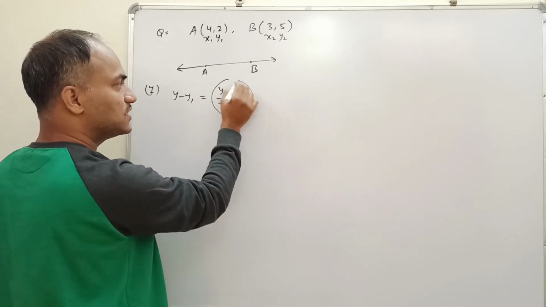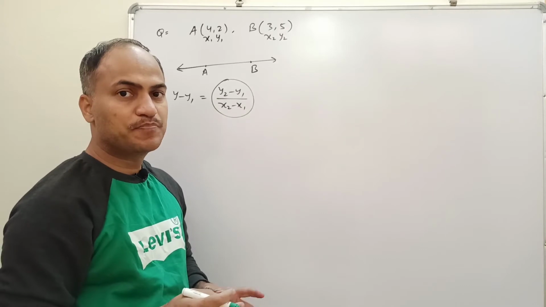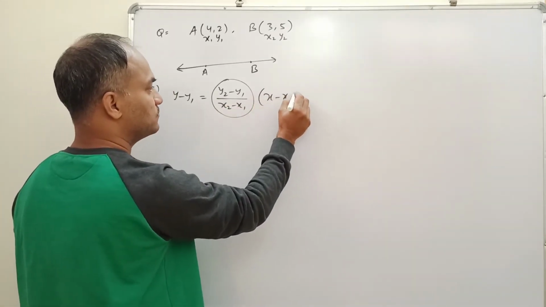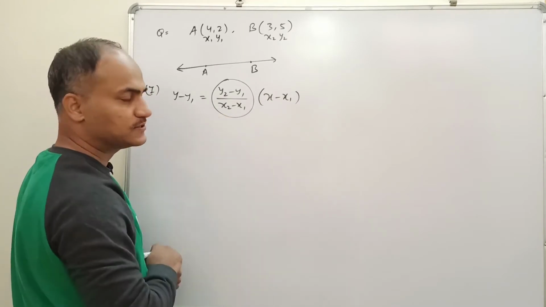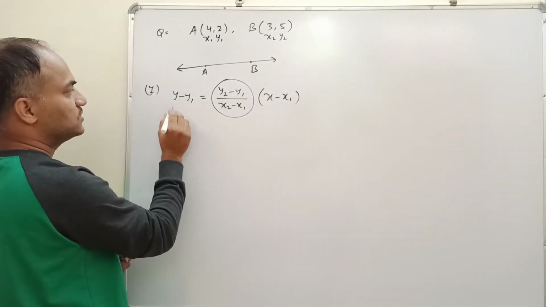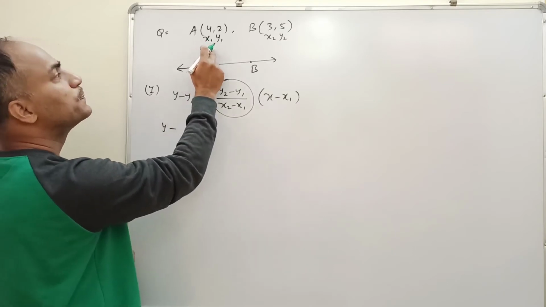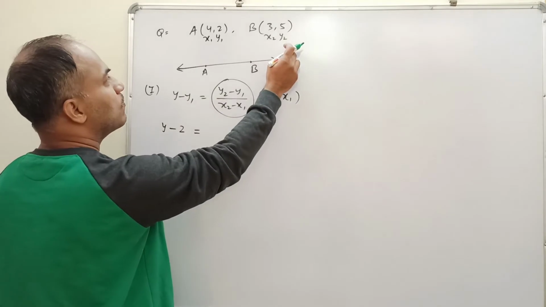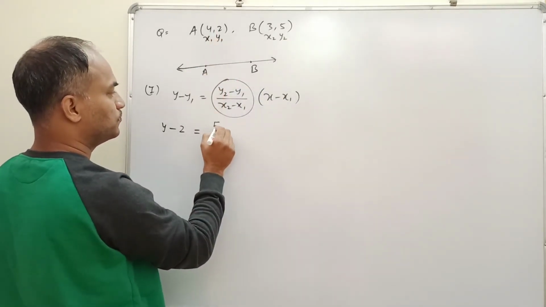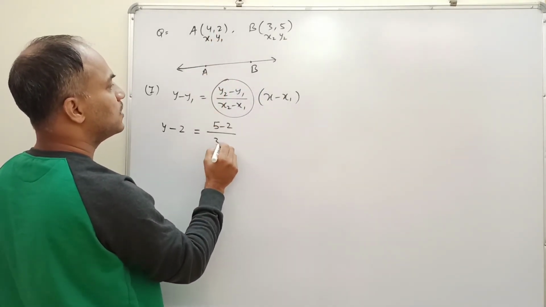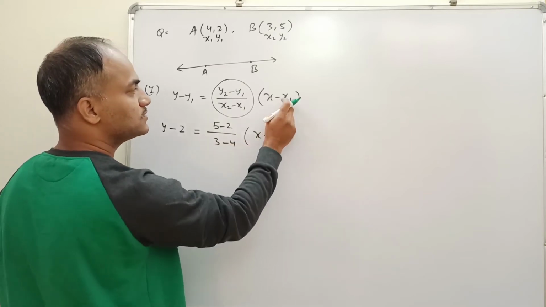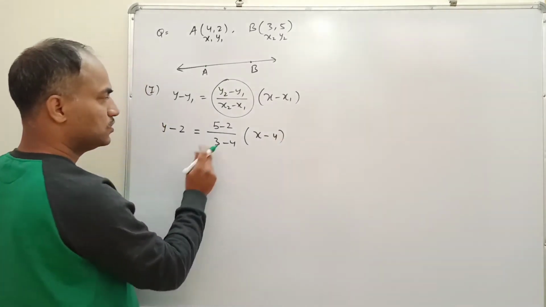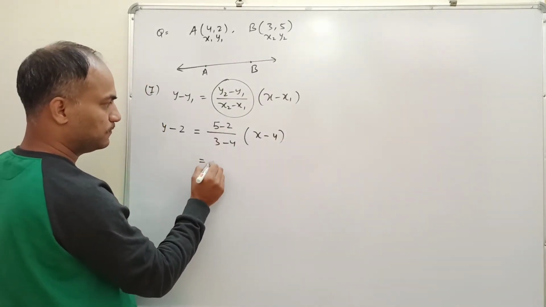This value is nothing but the slope, so you can also write m at this place. So this gives us y minus 2 equals (5 minus 2) upon (3 minus 4) into (x minus x1). What is this x1? 4. So this gives us 3 by minus 1.